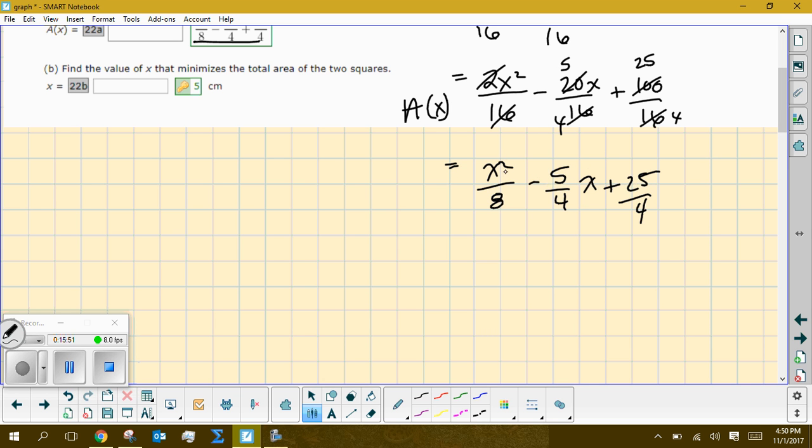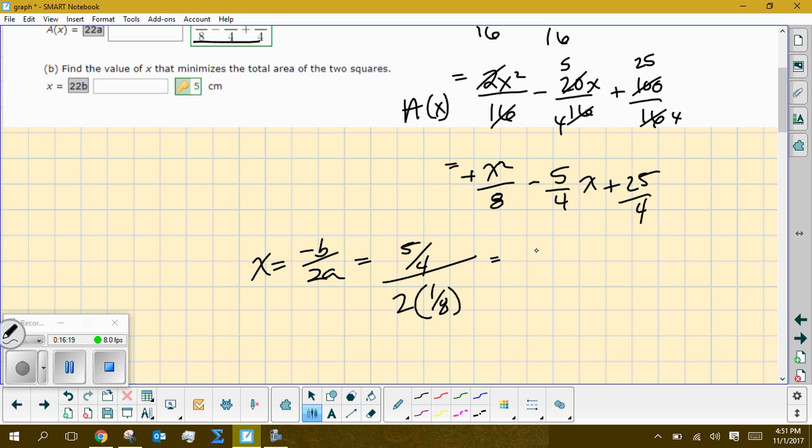Think about this function: x squared is positive, so if we graph this parabola, it is going to be concave up, so it's going to look something like that, and this is going to be a minimum value. So we say x is equal to the opposite of b over 2a. The opposite of b would be 5/4 all over 2a, a being 1/8.